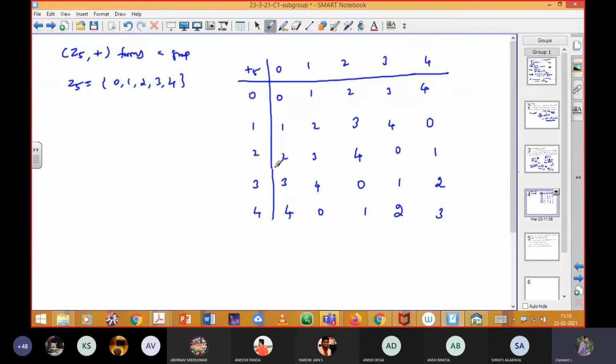You can check both horizontally and vertically. There will be a uniform pattern like 0, 1, 2, 3, 4, and there will be no repetition in each row and each column: 1, 2, 3, 4, 0, and so on. You can cross-check whether you have done it correctly. Even professors evaluating will check like that; if a student has repeated a value in the Cayley table, marks will be cut.